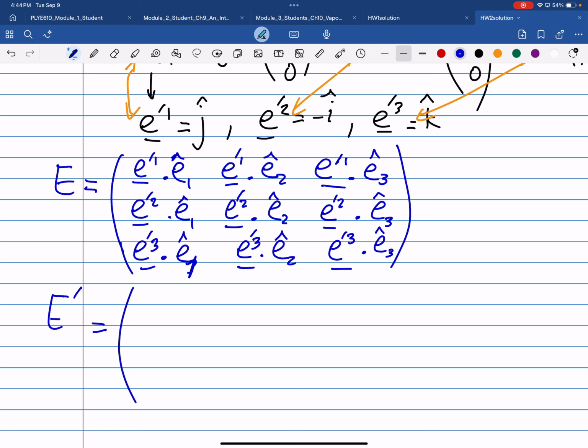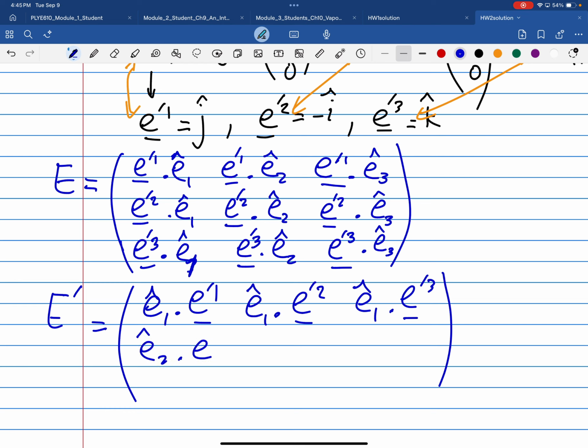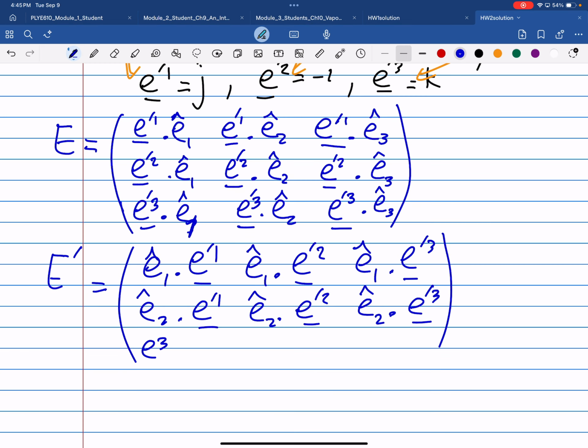This time I need to do E1 dotted by E prime 1, E1 dotted by E prime 2, E1 dotted by E prime 3, then E2 dotted by E prime 1, E2 dotted by E prime 2, E2 dotted by E prime 3, and E3.